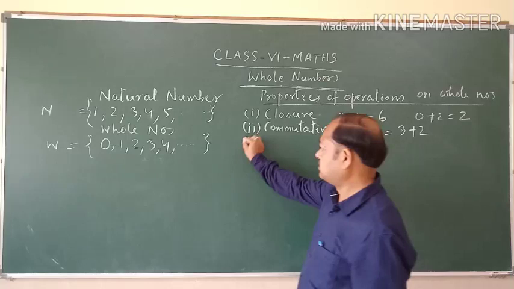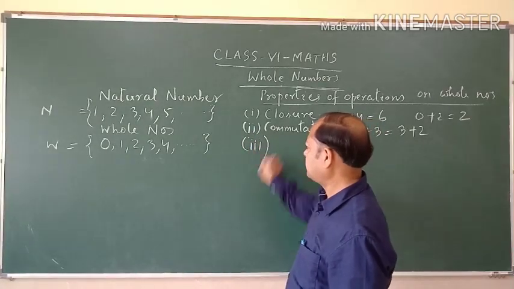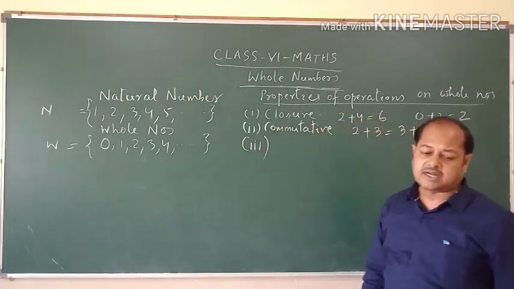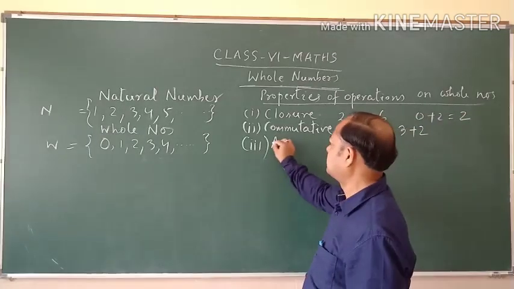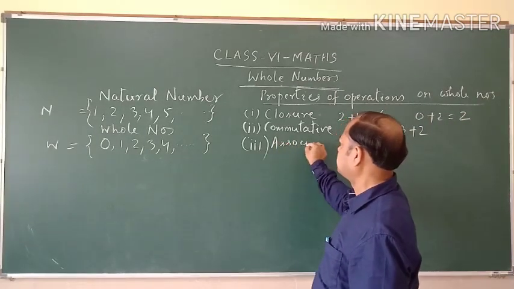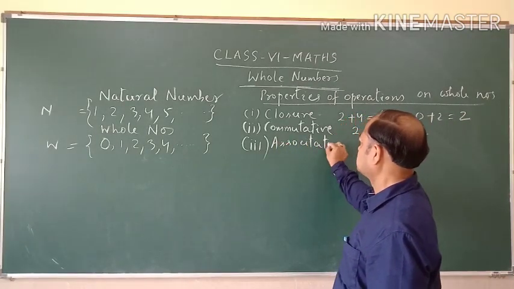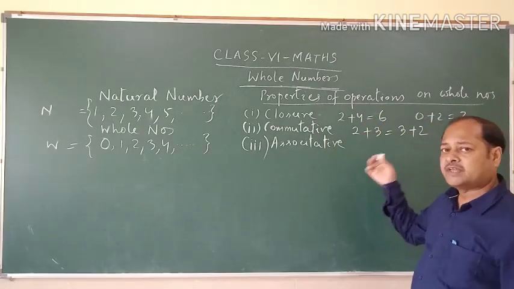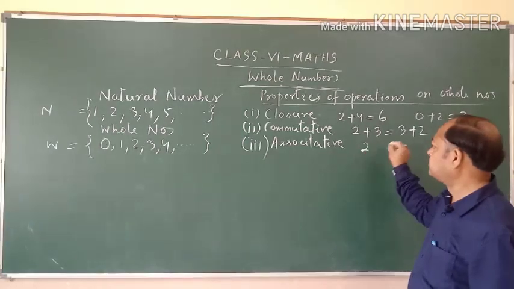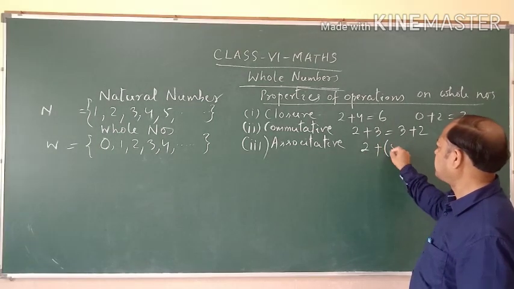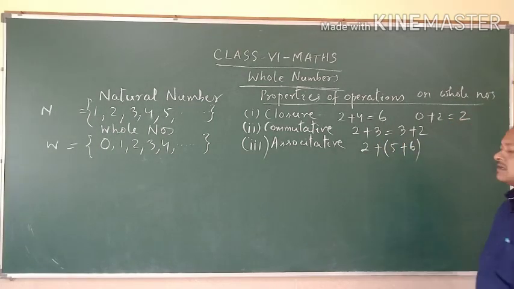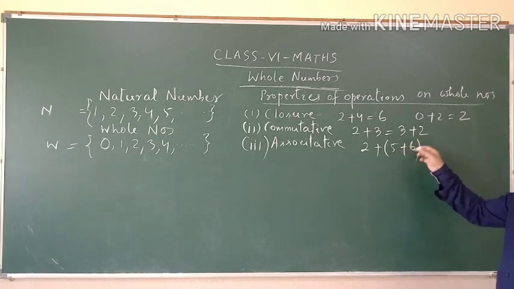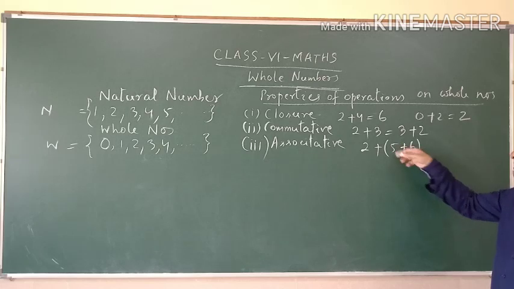Now the next property, after commutative, is the associative property. What is the associative property? If three numbers are there, for example 2, 5 and 6, we group two numbers in a pair inside the bracket.